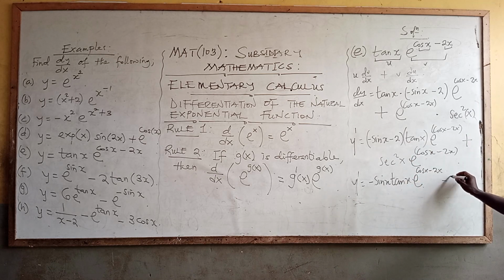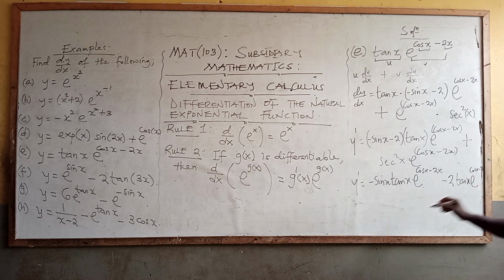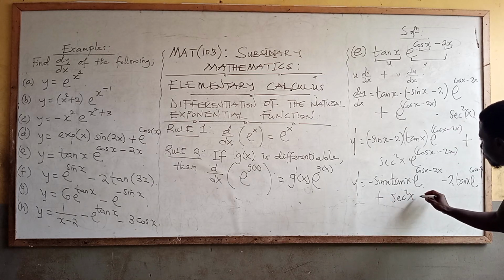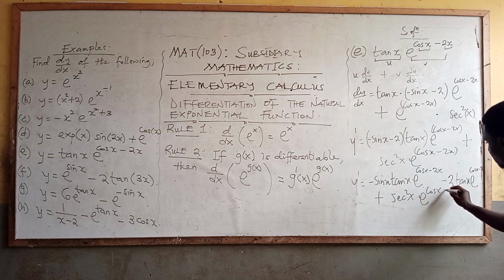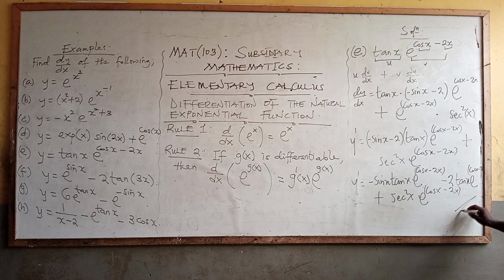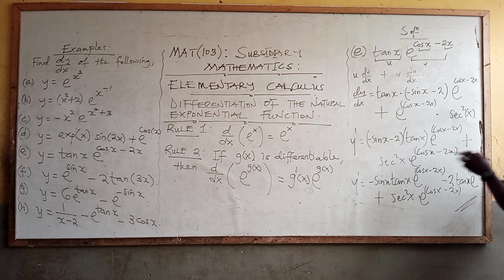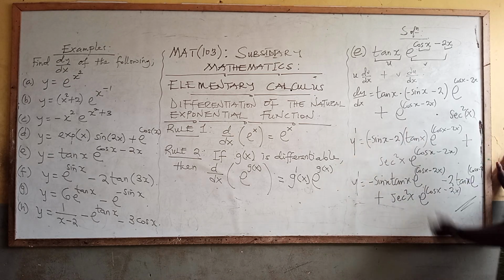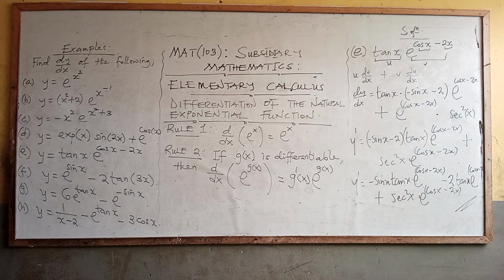Then I have negative 2. You can also get what? Tan x, e exponent cos x minus 2x. Then I have my plus sec squared x e exponent cos x minus 2x. Don't forget, this one is the same thing as that. You can reduce it because the whole of this is multiplying that, and the whole of this is multiplying that. Right. It is very, very simple and very, very trivial as well.